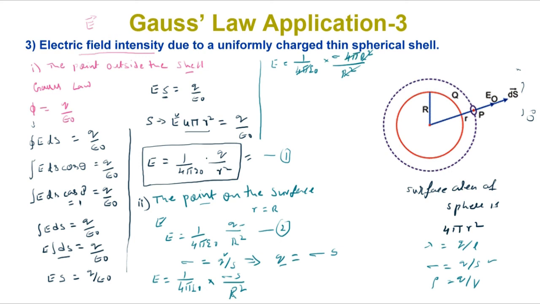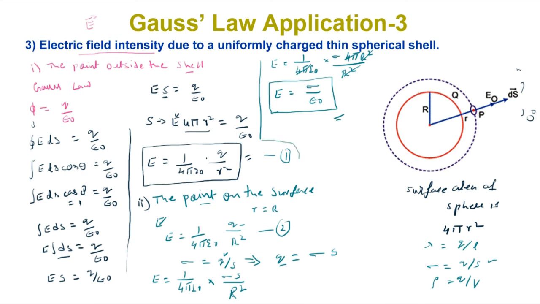Finally, what is left is sigma divided by epsilon naught. So on the surface of a uniformly charged sphere, the electric field intensity is equal to sigma divided by epsilon naught. This is the second.